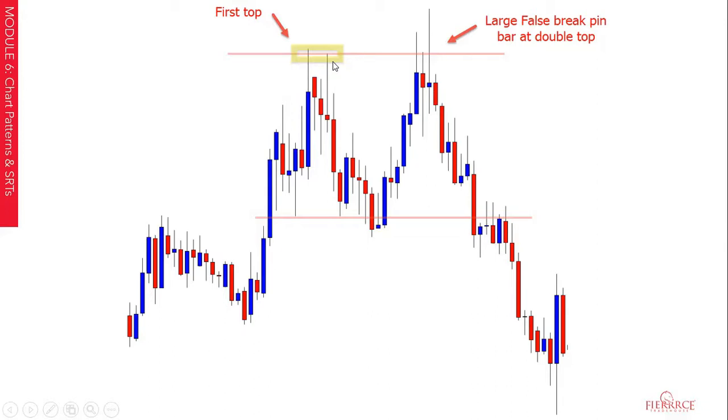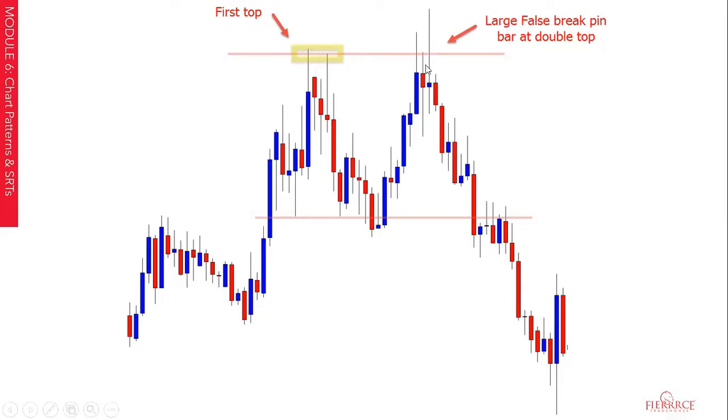It's like when you're drawing on a piece of paper, you can put one dot, but if you put multiple dots, that dot looks even more pronounced and more significant and more obvious. So that's what we're looking for. We're looking for the obvious things on the market or in the charts, okay? So this was the first top. And then what we see here, the second top began to form, and then it came again. And then we see this long wick up here.